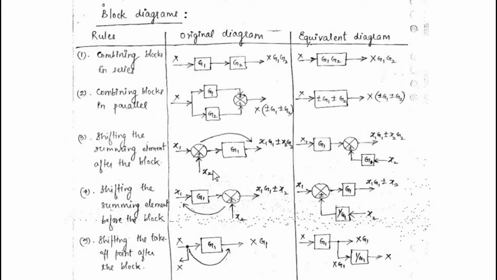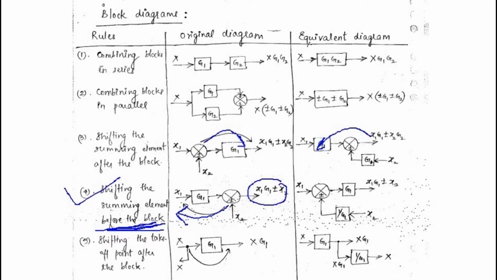This logic remains the same if you are transferring the summing point from this point to this point, or this point to this point, the reverse transformation. That reverse transformation rule is nothing but shifting a summing point element before the block, and the output remains the same.